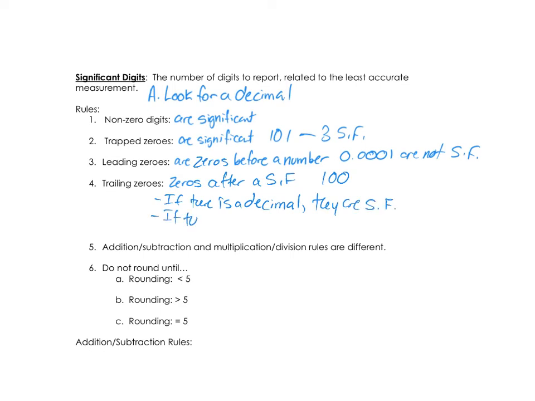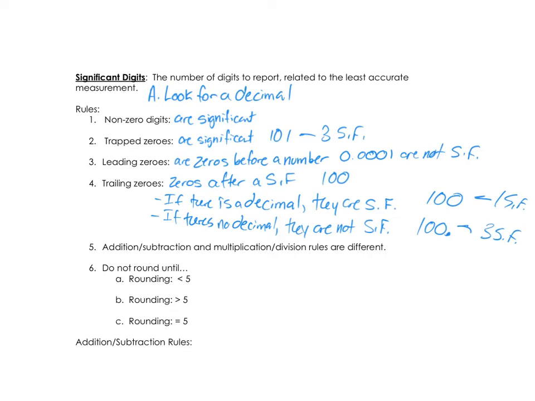If there's no decimal, they aren't. So for example, if I ask you 100 like this and 100 like this, how many sig figs does each one have? This is 1 sig fig because it doesn't have the decimal. This is 3 sig figs.